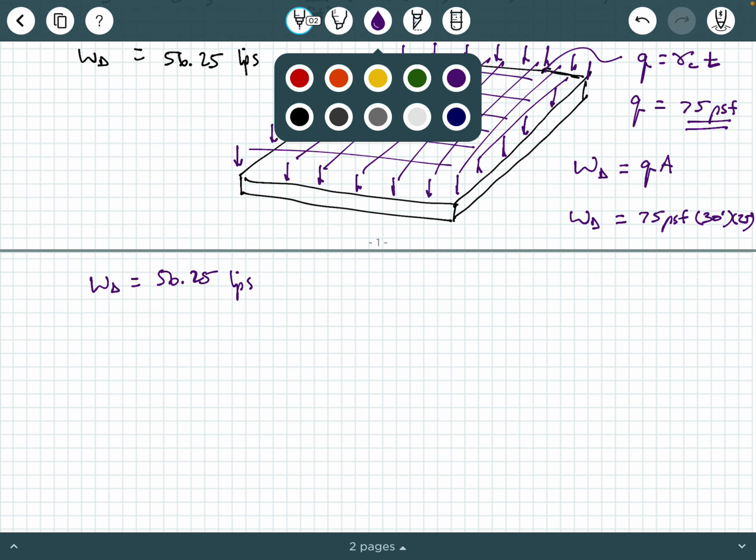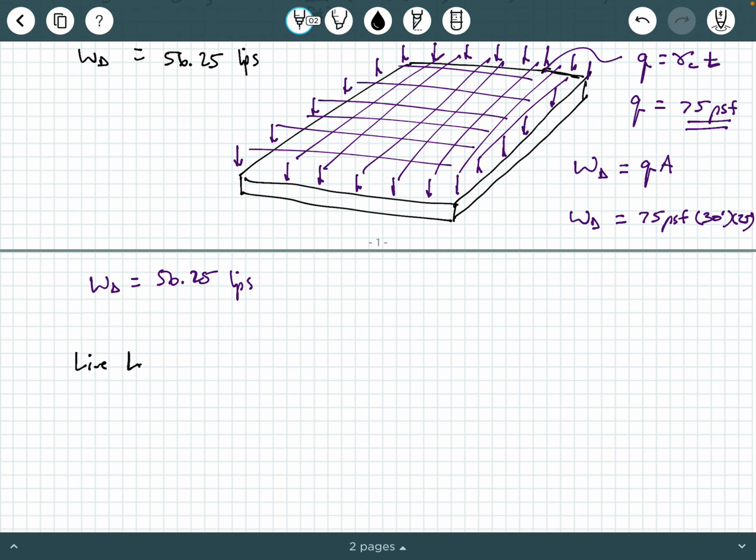Now let's look at the live load. Okay, live load. So live load, we're going to use ASCE 7-16, table 4.3-1, okay? Now in the left column where it says occupancy or use, there's pretty much right in the middle of that page, a section on garages, and it says passenger vehicles only, and it says our uniform unreduced live load is 40 PSF.